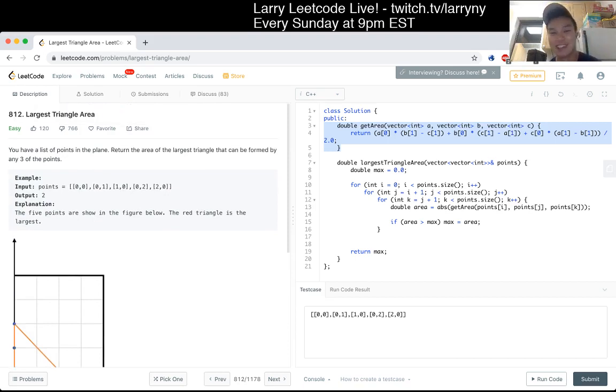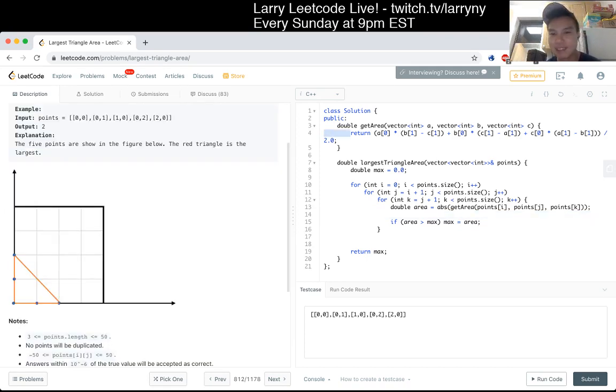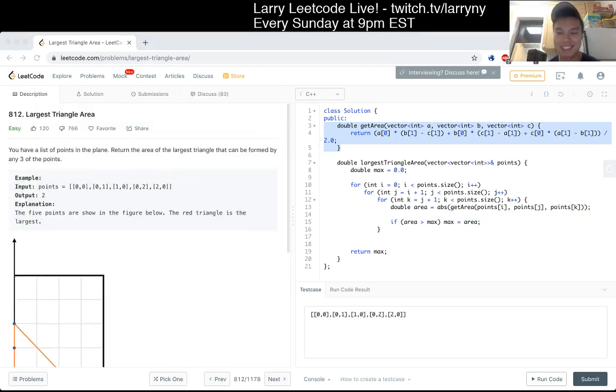By itself, this is a really weird one-off problem. People know how to get the area of a triangle generally, like base times height over two, but not necessarily from three Cartesian coordinates, right? So yeah, okay.